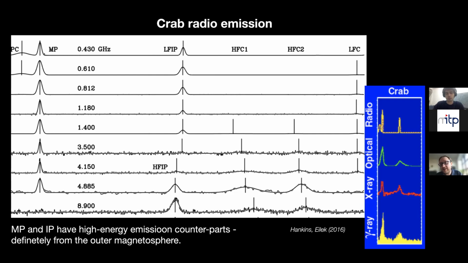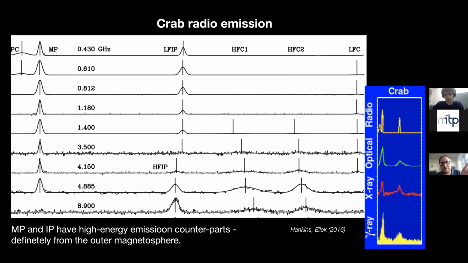And as I said in the beginning, the gamma rays have to come from somewhere at the periphery of the magnetosphere. We think they come from the current sheet outside of the light cylinder, which means that the main radio emission also has to come from the same place. And what's interesting is that you not only see these two components aligned with gamma rays, but in total you see 7 components of this radio emission.